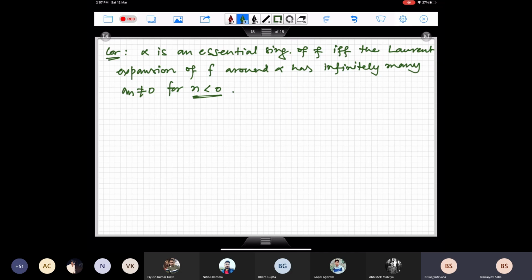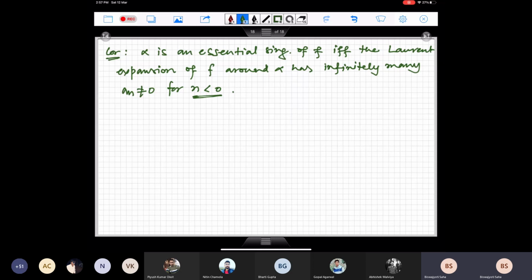So your principal part has to be infinite, and that means the negative coefficients a_n are going to be non-zero for infinitely many n, right? Is this clear? Yes, sir. Okay, fine.